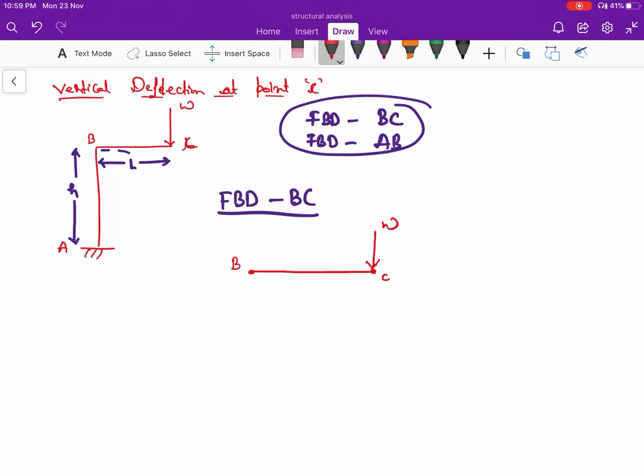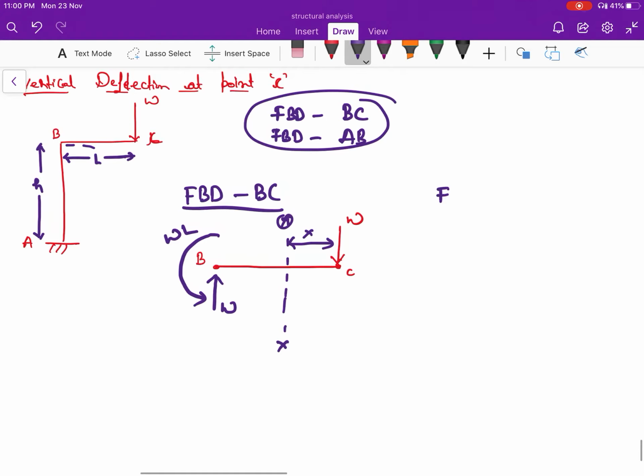Let me draw a section XX at a distance X from point C. Then the load W is acting here, and the anticlockwise moment, which is W into the length, WL, is going to come into the picture.